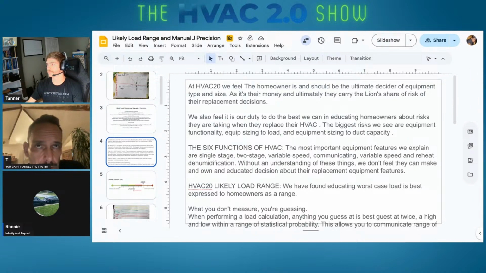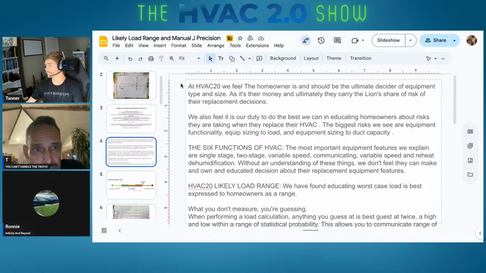As an HVAC salesperson, it's our responsibility to provide them with enough information that they're qualified to make these decisions. And if we don't educate them, then whatever decision they make is based on incomplete information that they don't understand.